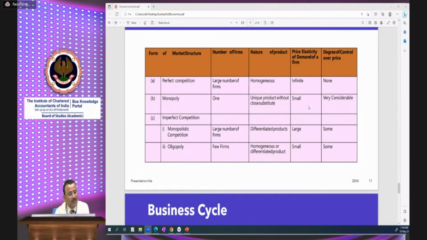So try to finish what has been given in the study material, because that is very important. If you have not started, start from today, reading all the chapters carefully and practicing all the questions given at the end of the chapters.